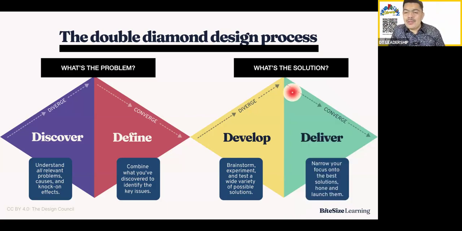Again, in this part you converge, you narrow your focus onto the best solution, hone and launch it. This is where you want to launch the solution. It could be at the first phase, beta testing, but you have a more refined prototype, a more refined product where you can add a few more features for the customer to try and experiment, right?